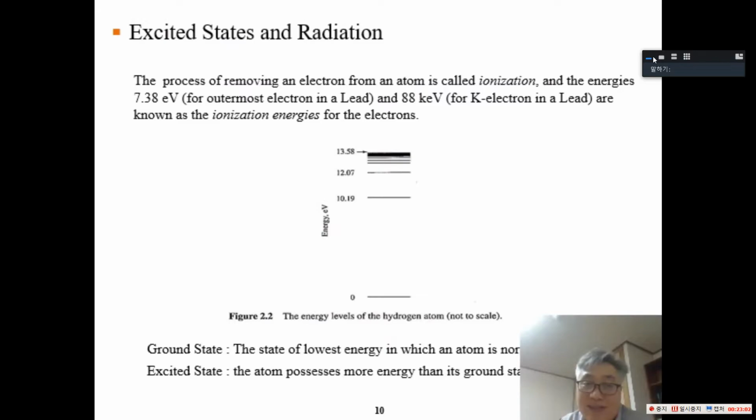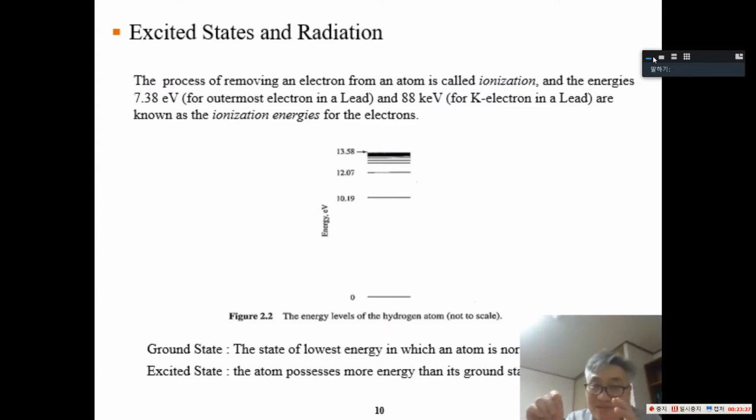And when we give energy to the electron, and the electron moves to the next, higher level of orbit, we call it excited state.